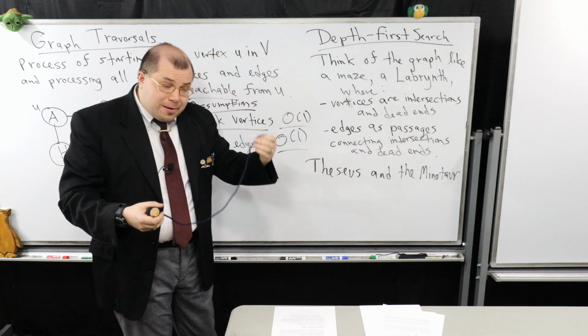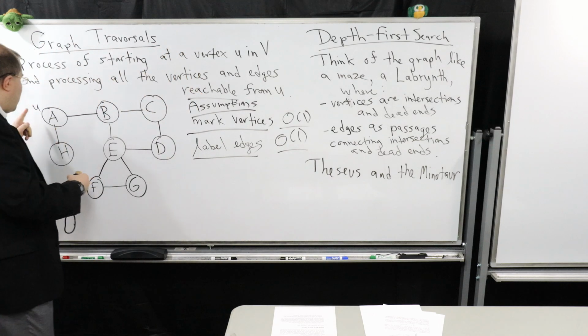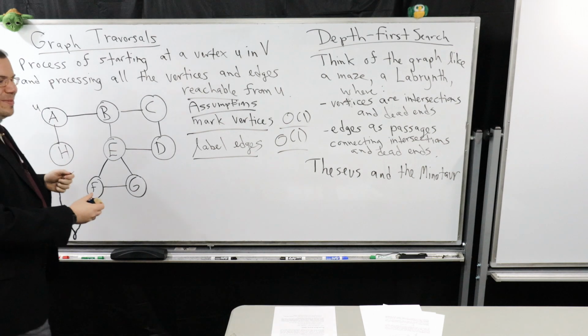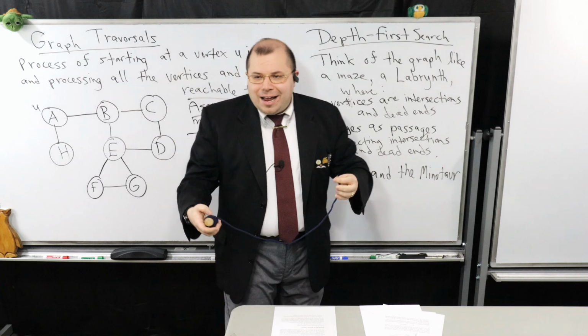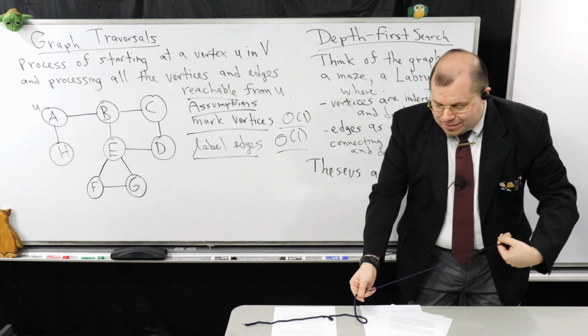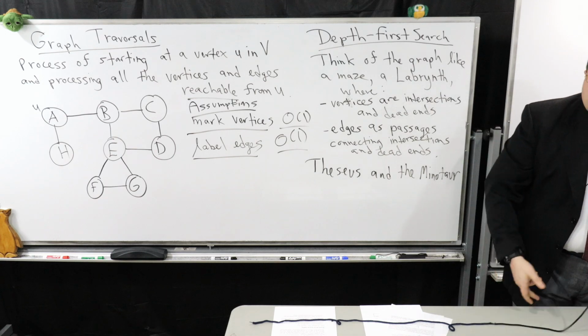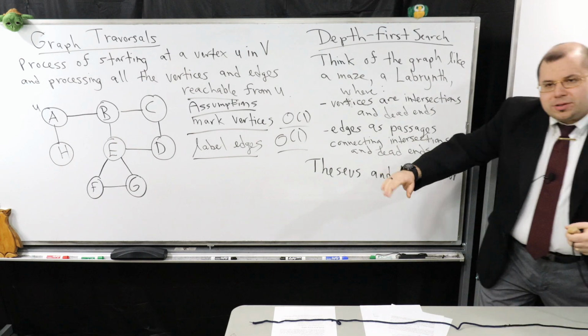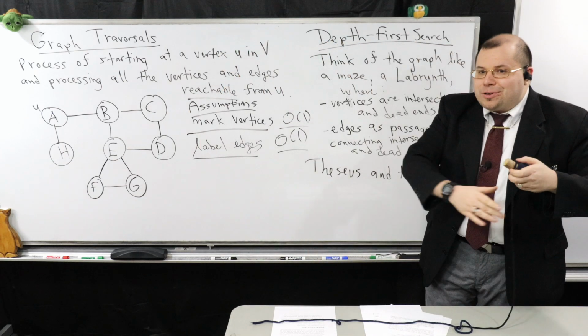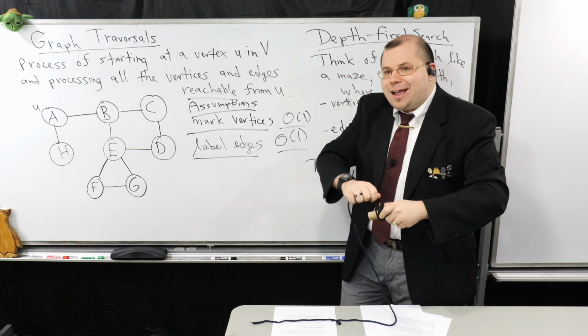Because if you think about it, imagine that you start off, say this is the entrance of the labyrinth. Imagine I tie this up at the beginning of the labyrinth somewhere. I can drop and leave down my thread. I can loosen it out. I can unroll it. And as I explore through the labyrinth, I can retrace my steps back through the labyrinth by winding back up the thread.